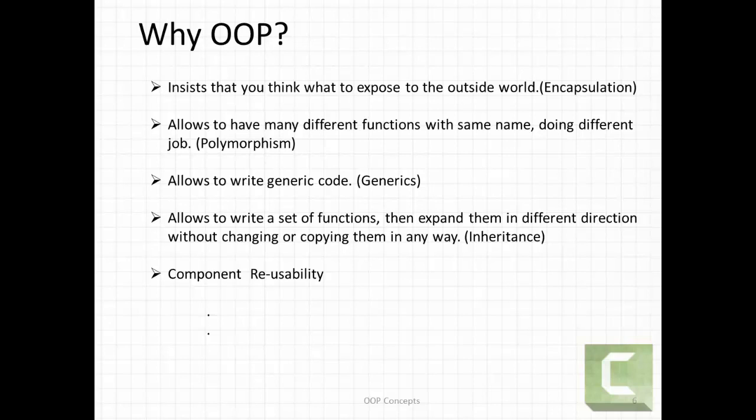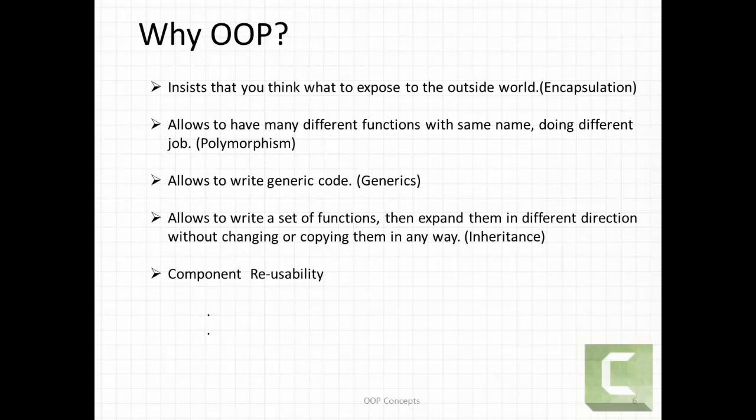It allows you to write a set of functions that can be spread in different directions without changing or copying them. Suppose you have this concept we call inheritance. Suppose you have certain properties of an object and you want to inherit them in your own object.